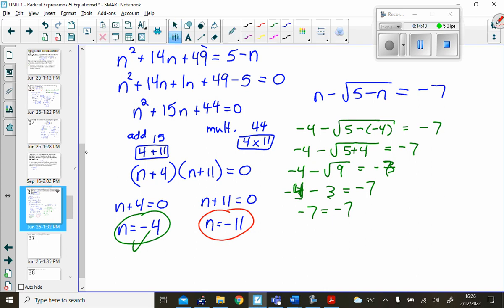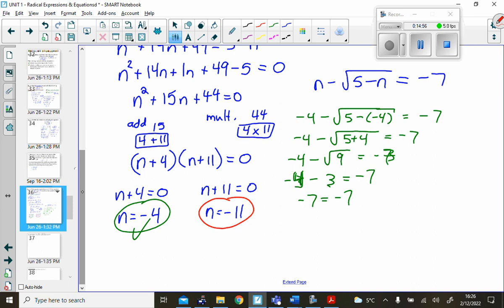We'll try negative 11 and check that answer. So if you plugged in negative 11 instead, you'd have negative 11 minus square root of 5 minus negative 11. Does that equal negative 7? Negative 11, subtract root 16 equals negative 7.